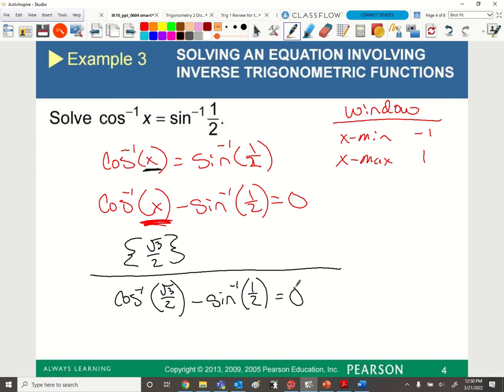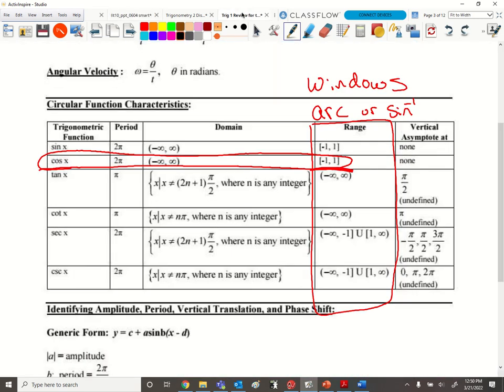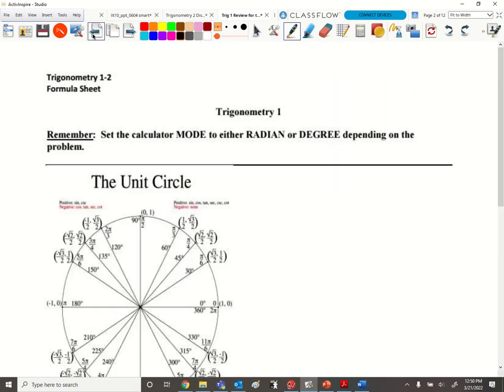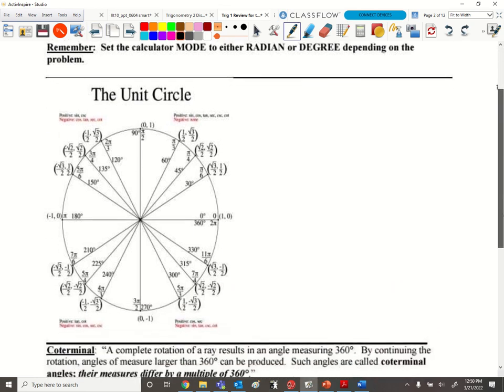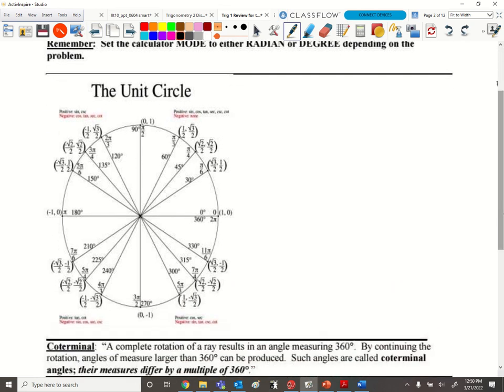So from my unit circle, I'm going to bring up my unit circle here. So from my unit circle, I'm looking for where is cosine. Cosine is going to be rad 3/2. So on my unit circle, it's right here. So that's pi/6.